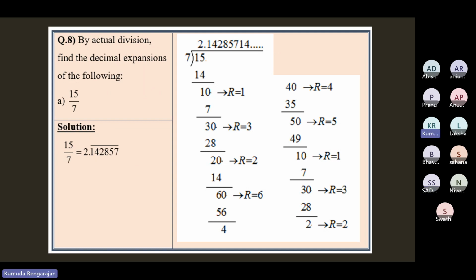Ma'am, it's 0.461. No. 0.4583 bar. Bar is on top of how many digits, ma'am? 3 digits. Okay, correct. Yeah, please see the division. Check your division.